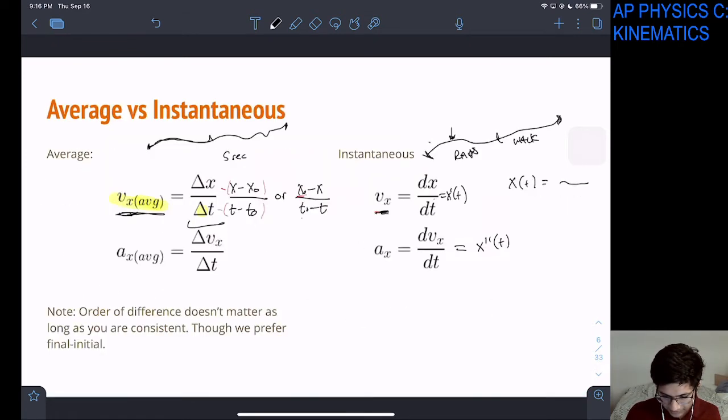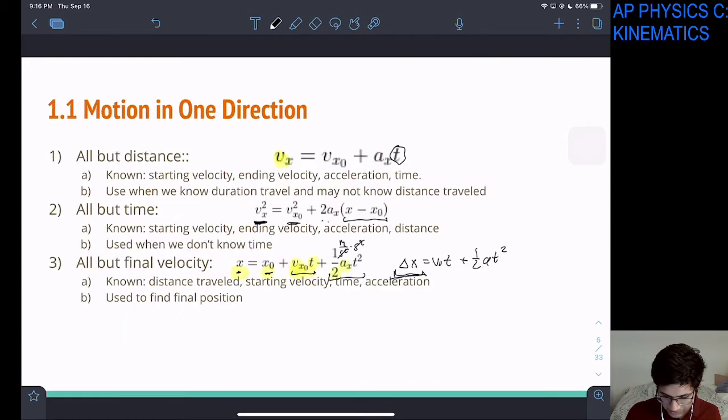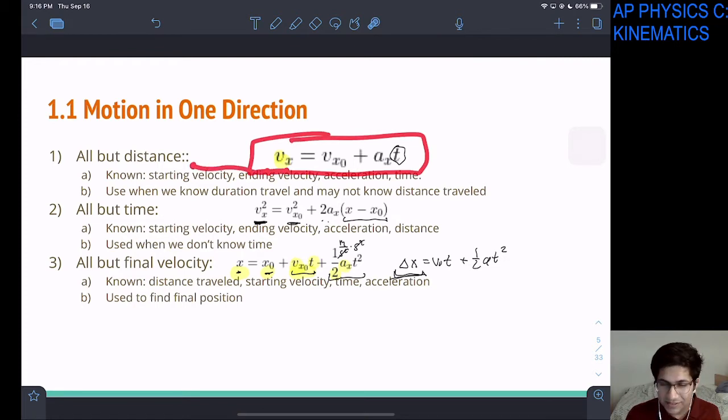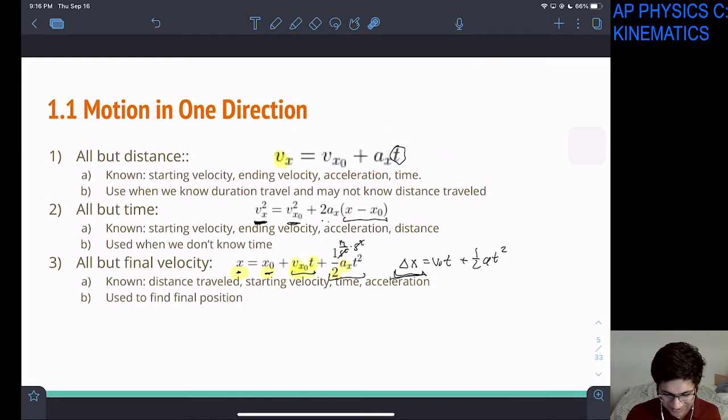If we go back to our equations and look at the first equation, does it make sense to use? We're given all but distance? No, but we want to solve for distance, so maybe not that one. How about the second one? All but time. Well, do we know our final velocity?